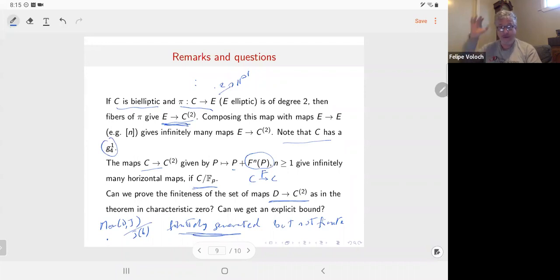So you don't lose information by reducing mod p in terms of the number of maps. But what I don't know how to do is to avoid the situation where I start with a map in characteristic 0, I reduce it mod p and I get something horizontal. I don't know how to get around that. So I'm not able to prove finiteness because I could have infinitely many maps and they all reduce to horizontal maps.